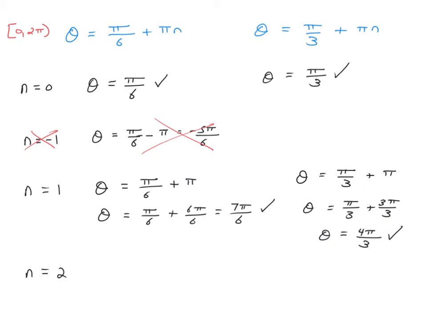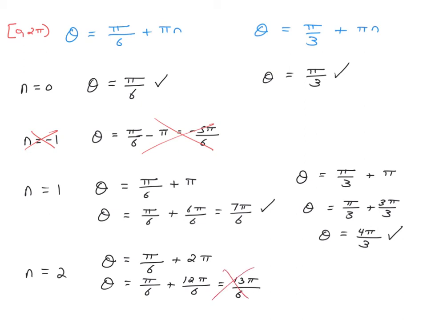Is this going to be okay? In my first equation, we have pi over 6 plus, okay, that's adding 2 pi. So theta is equal to, well, that's pi over 6 plus 12 pi over 6. I don't think that's good. That's obviously not going to work, right? I mean, 13 pi over 6, that's too big.